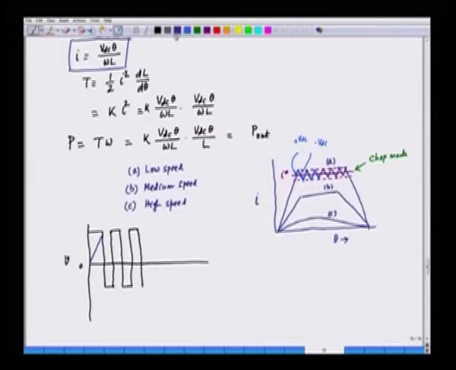So, the current will rise very fast and also fall very fast, because the speed is low. So, it can rise and fall very fast. So, rises and falls, again rises and falls, rises and falls.